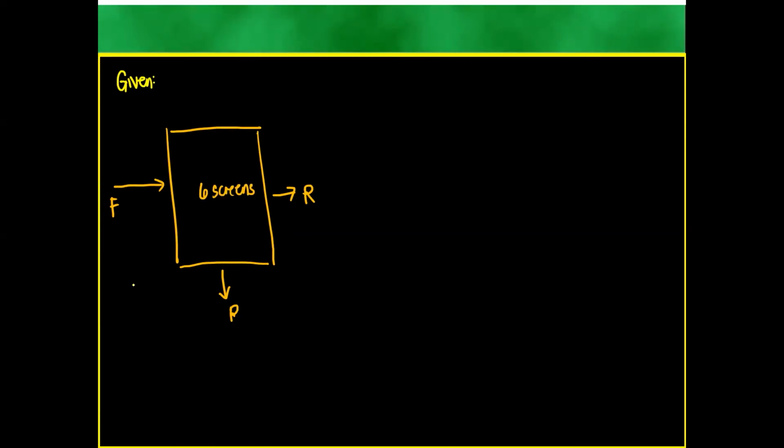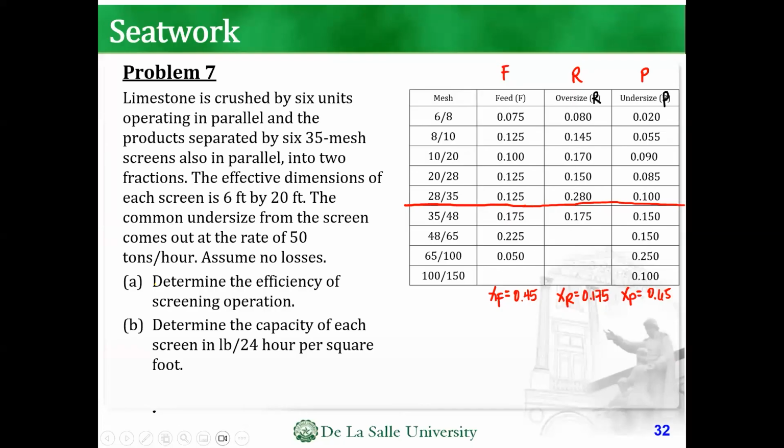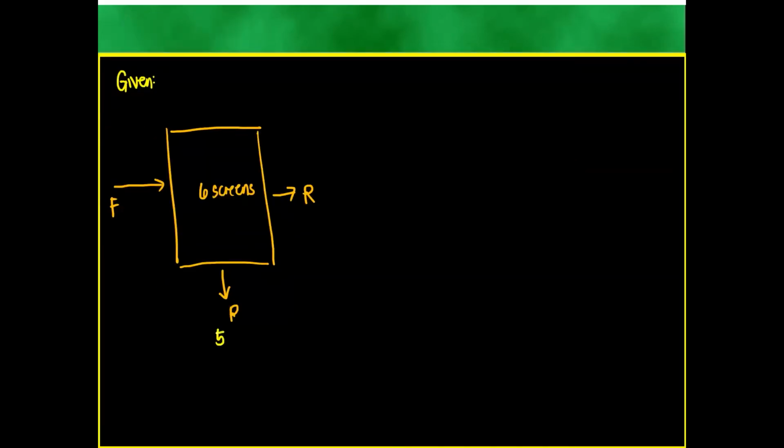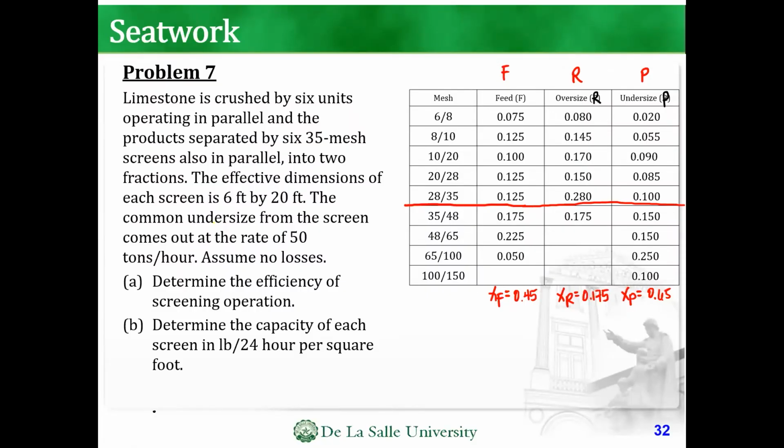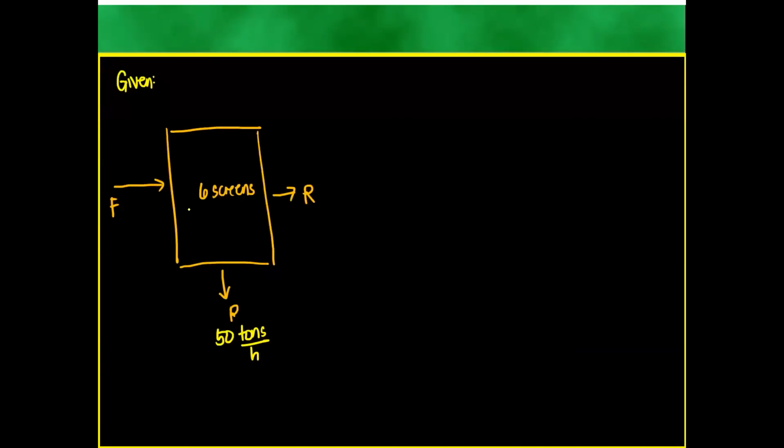What else is given? The product comes out at a rate of 50 tons per hour. And the 6 screens, 35 mesh, have dimensions of 6 feet by 20 feet.